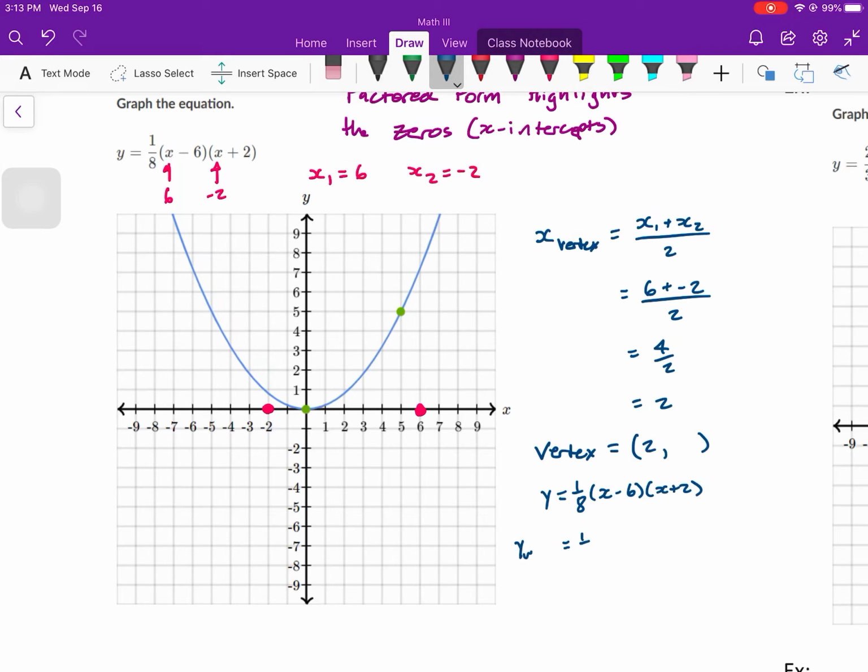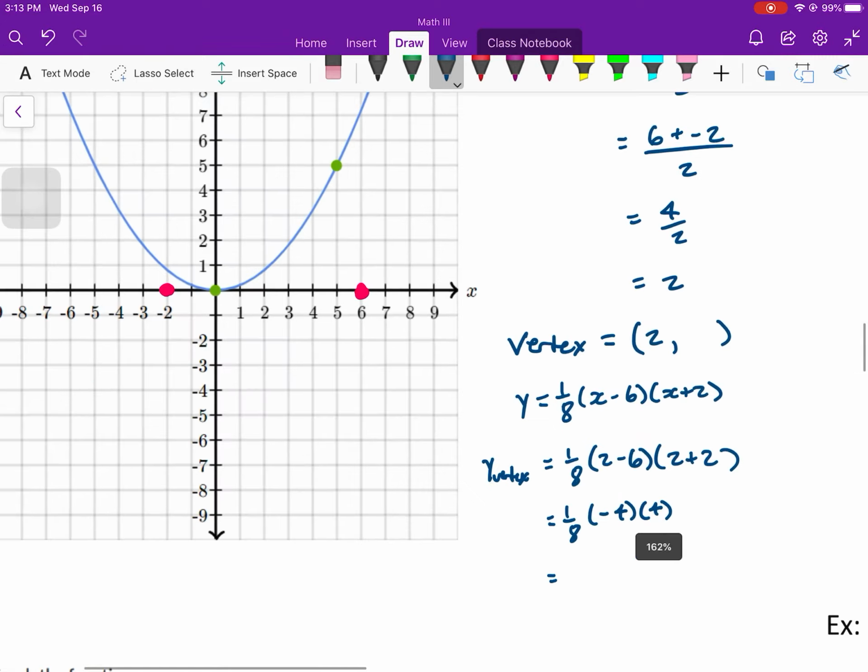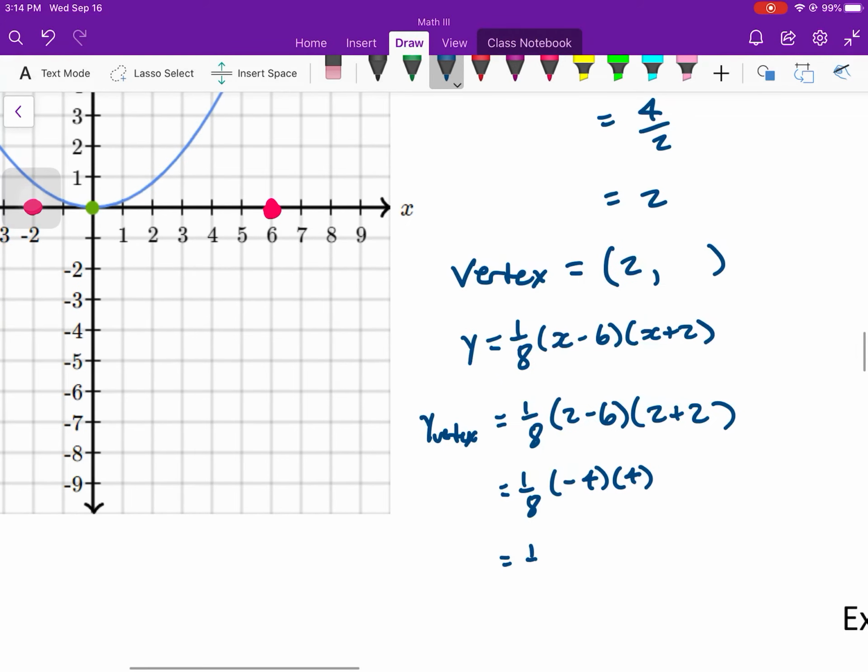So the y for the vertex will be 1/8 times 2 minus 6 times 2 plus 2. 1/8 times -4 times 4. And don't worry, even though there's a fraction, you'll see it works out. So 1/8 times -16. 16 divided by 8 would be 2. Positive times a negative is negative, so this is just -2.